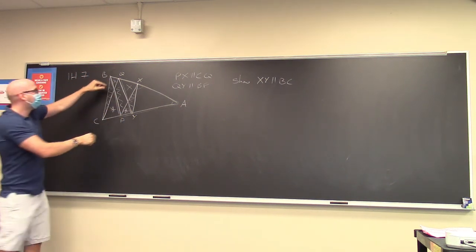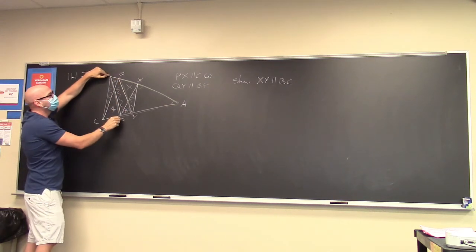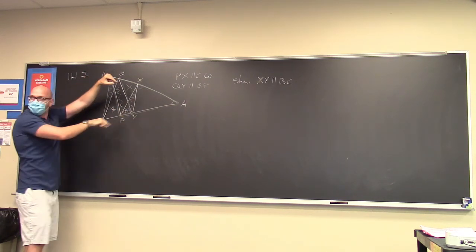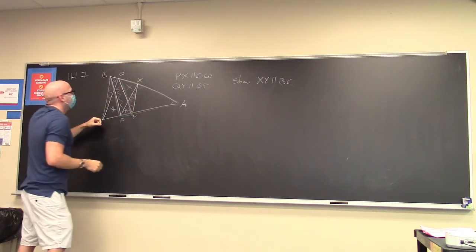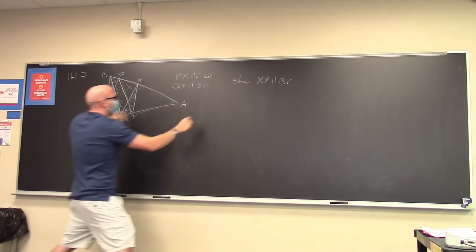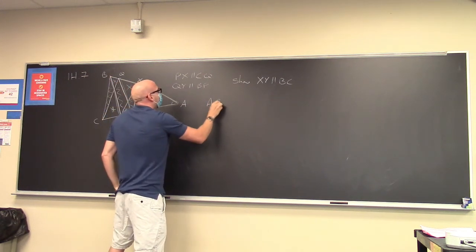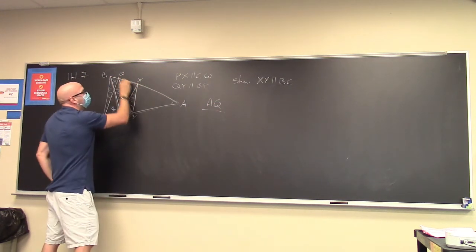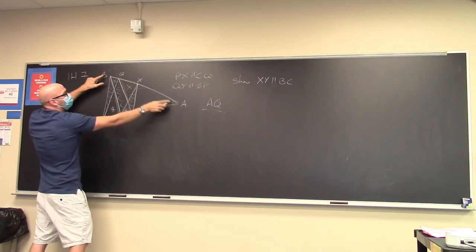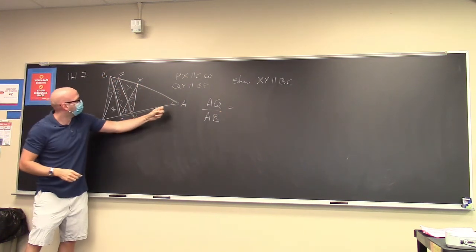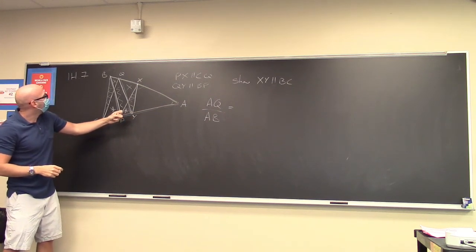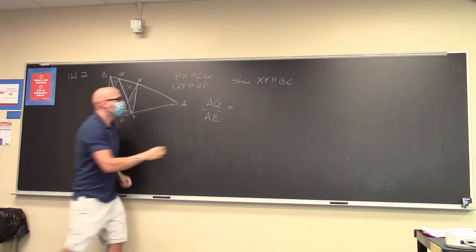Right, so invoking the lemma, since this line is parallel to the base, I know that the ratio of the corresponding sides are equal, right? I know that, yeah, I definitely haven't labeled this the right way around, but in this picture, AQ, the length of this side, AQ over AB, must be the same as AY over AP.